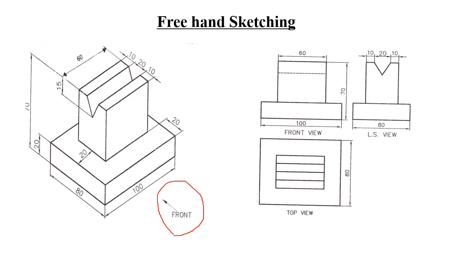So what you have to do again, taking this arrowhead as the reference, you have to decide the front view. So draw the XY line, extract the information from the isometric block, and then start drawing the front view. Carefully look for those edges which are invisible.